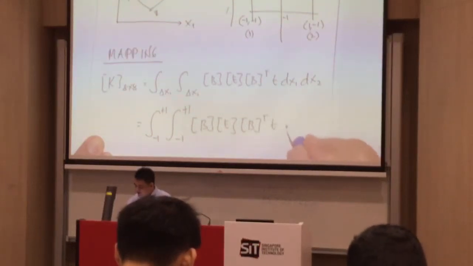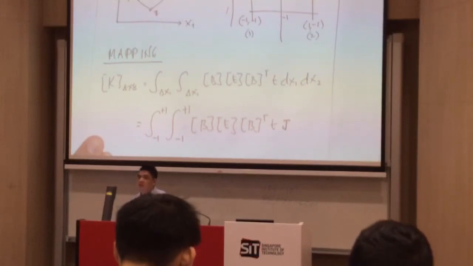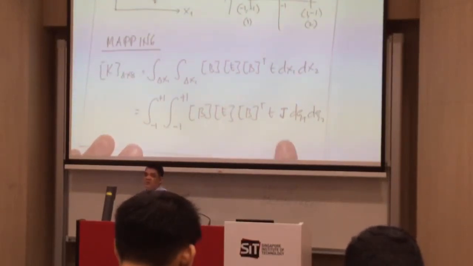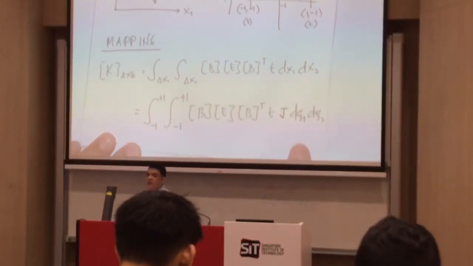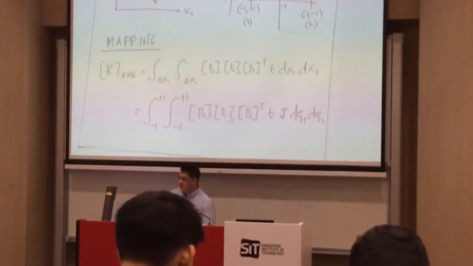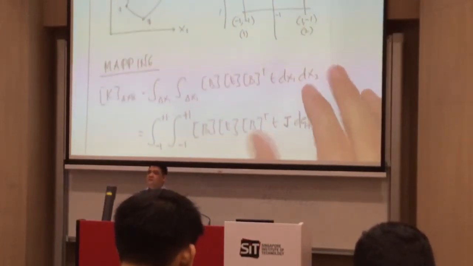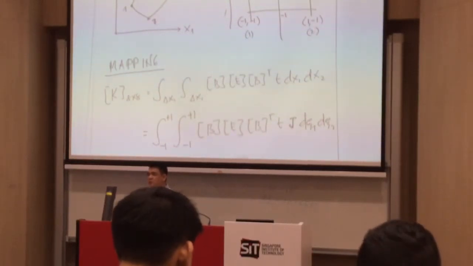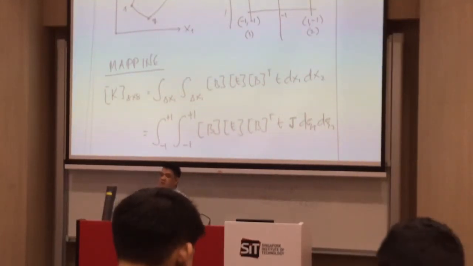We have now your thickness. You have your Jacobian value, which is just another number, dC1, dC2. So this is what happens when you do the mapping from initially this one to this one here. And we'll try to define each of these parameters as we go on. So you will see later, it looks complicated, but when you put in the numbers, it's just a procedure. So the process in deriving this equation is quite laborious, but the solution is really straightforward.